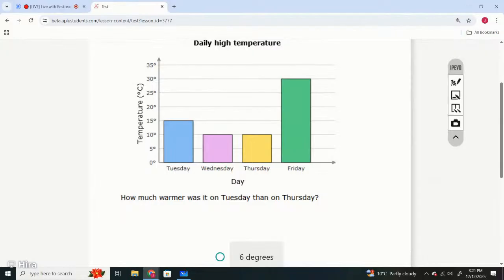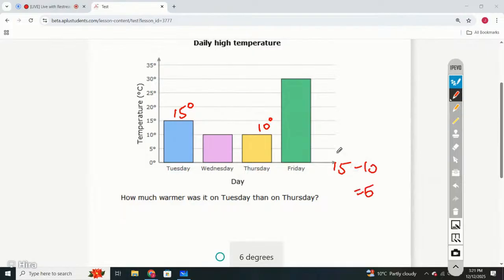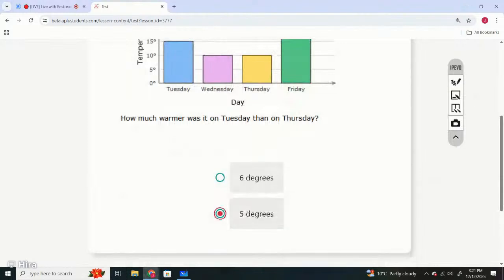On Tuesday, it is 15 degrees C, and on Thursday, it is 10 degrees C. So 15 minus 10 equals 5. So the correct option is 5 degrees.